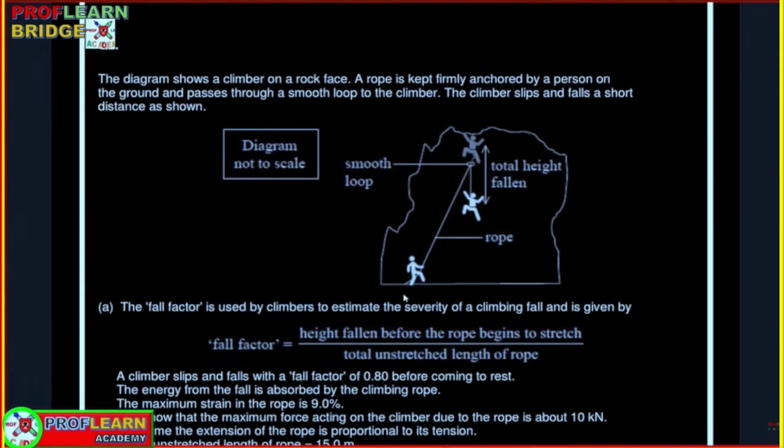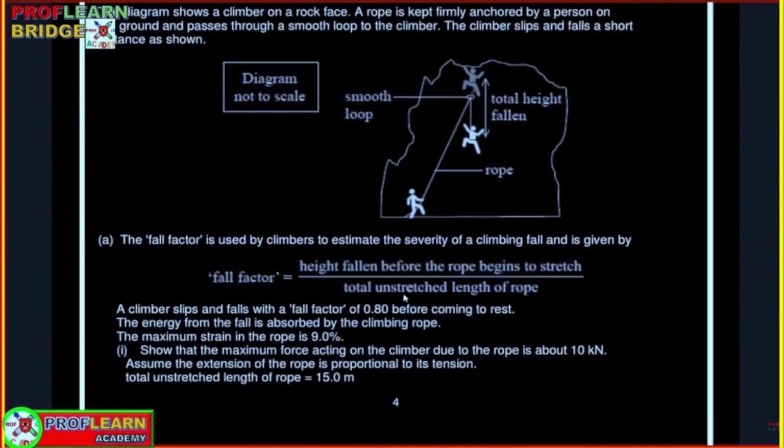Then we are told that the maximum strain in the rope is 9.0%. Remember, strain doesn't have units, so it can also be expressed as a percentage.